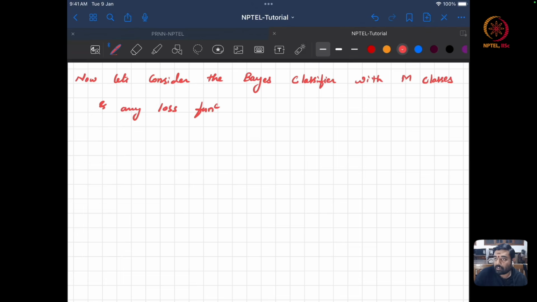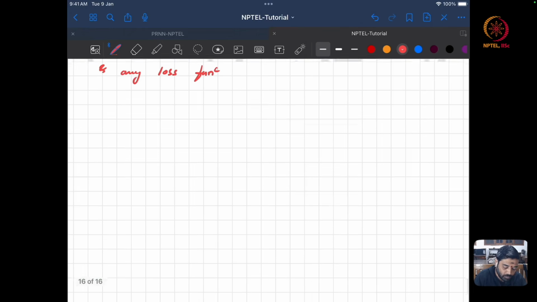So in our earlier sessions, the Professor has explained a two-class case with an emphasis towards 0-1 loss. Now we will go ahead with a much more generic approach and then we will look at it.